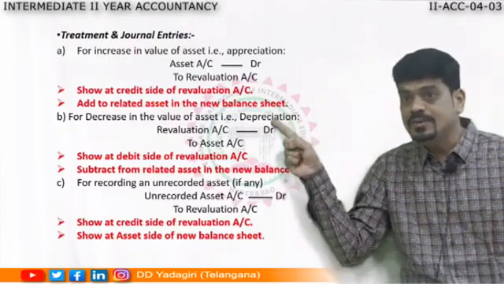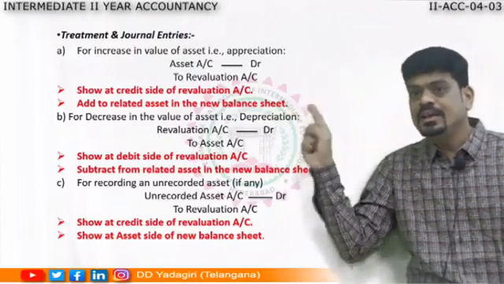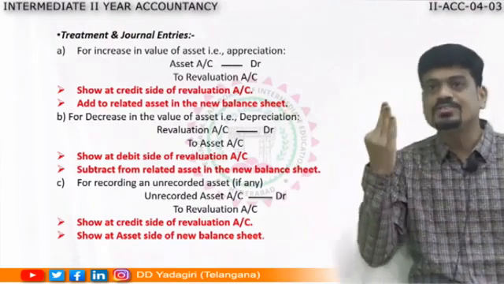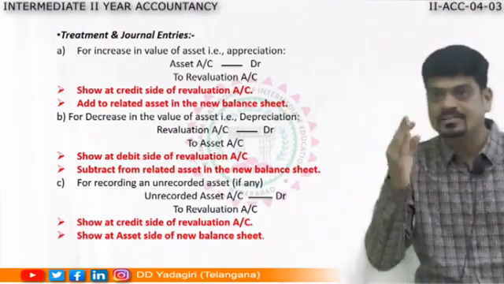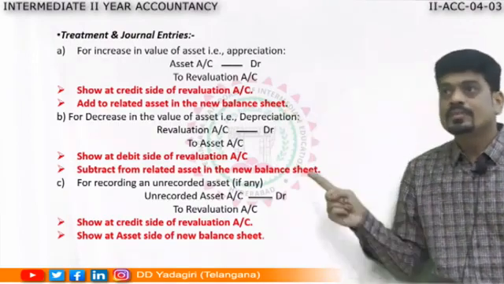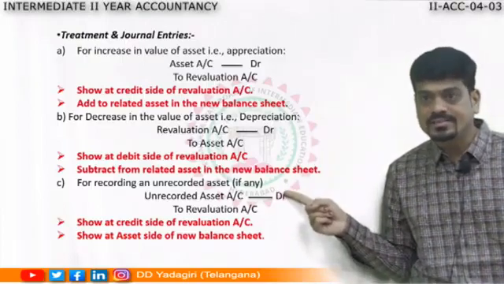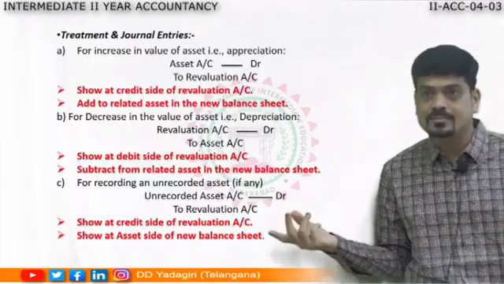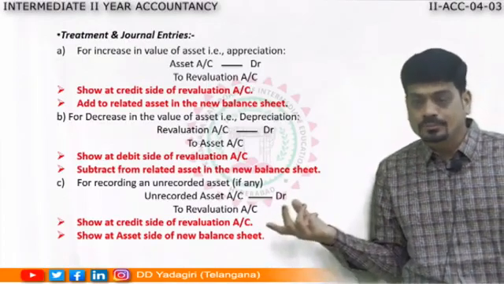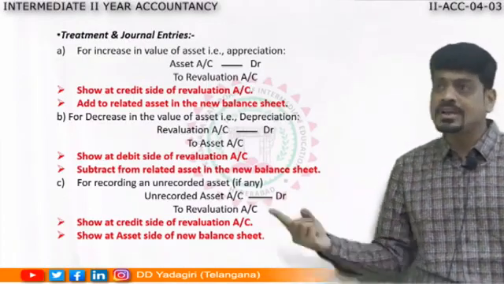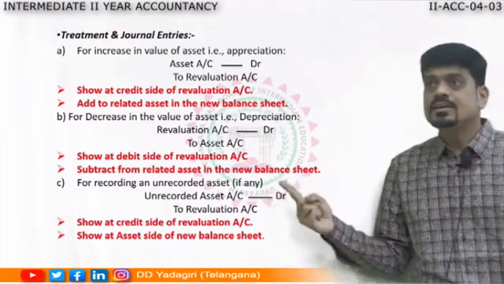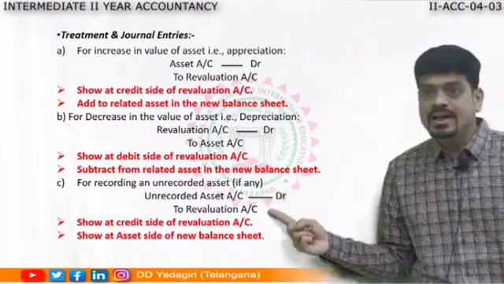Second one, be careful. Depreciation, when I say it, it will be for stock, furniture, and bad debts, that is, on debtors. Then unrecorded asset. Whenever there is an unrecorded asset, like they'll tell unrecorded investment, unrecorded plant, machinery, anything, then the entry is unrecorded asset to revaluation.